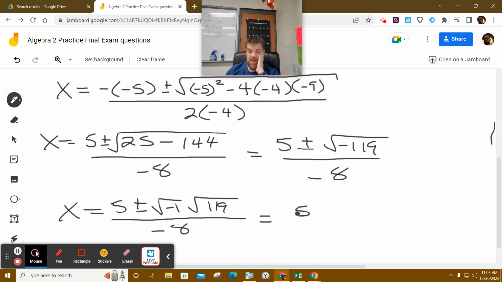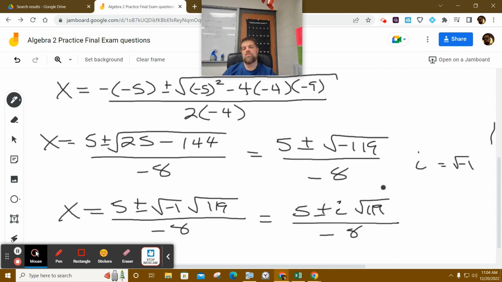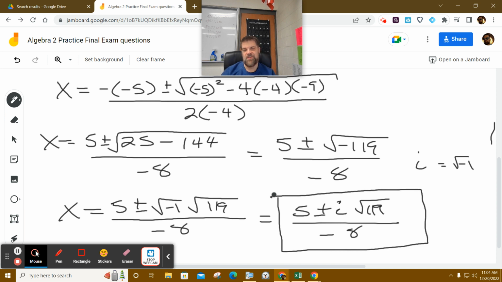That means that's equal to 5 plus or minus i times the square root of 119, all over -8, right? Because remember that i is equal to the square root of -1. Now, if you look in your solutions, there'll be something similar to this, but it doesn't have i. Don't be fooled. That is what it is, but because it has i, it's complex.